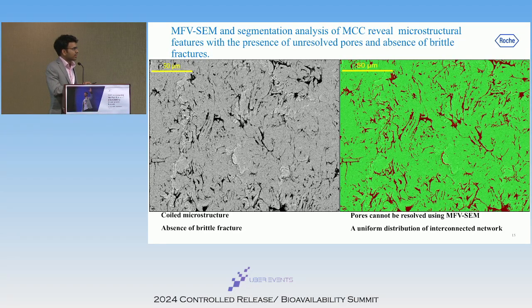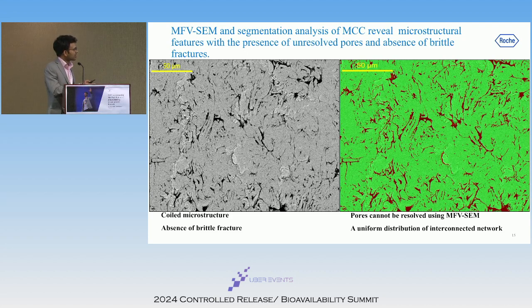A similar MFV SEM scanning was done on pure MCC tablets. So the image on the left is of the original MFV SEM scan. And what we see is MCC has a highly coiled microstructure. And we don't see the formation of cracks that we had seen with the DCP tablets. And we believe that is because of the plasticity attributed to MCC.